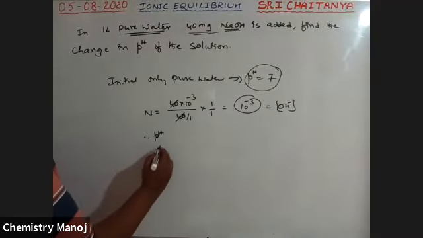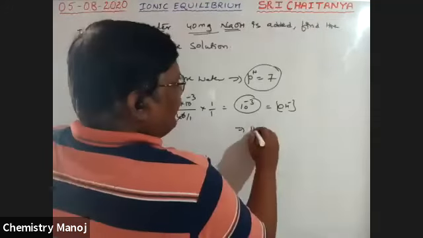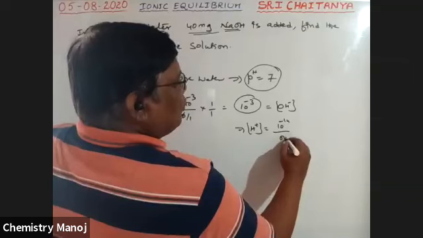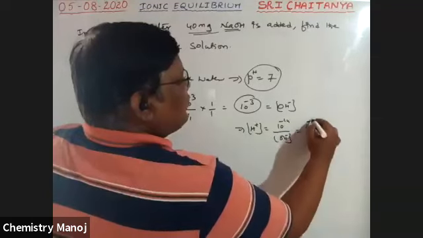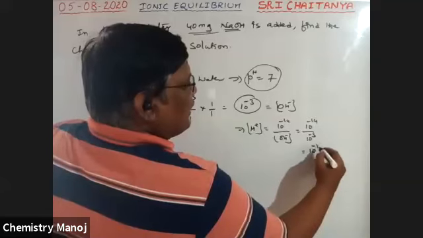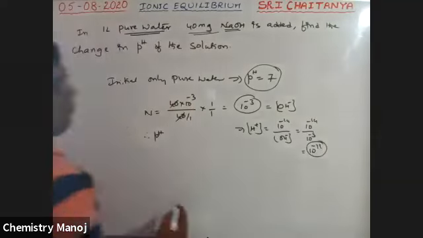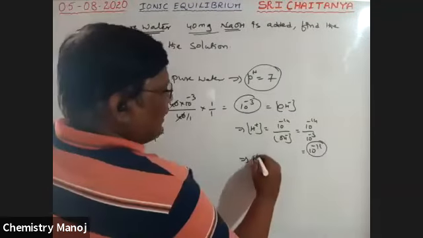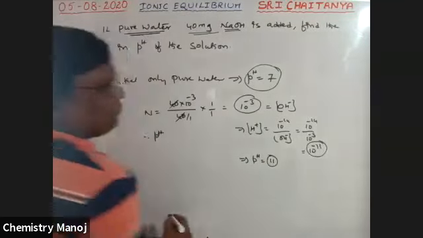Therefore, H plus ion concentration is equal to 10 power minus 14 by OH minus ion concentration, which is 10 power minus 14 by 10 power minus 3, which is 10 power minus 11. That is H plus concentration. That implies pH is equal to 11.